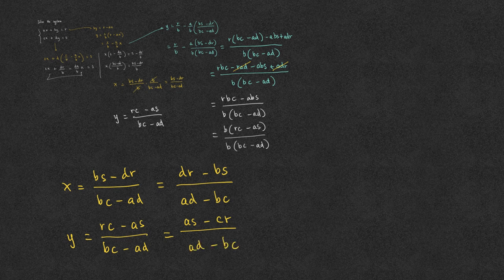And we see that ad minus bc is actually the determinant of the matrix a, b, c, d.